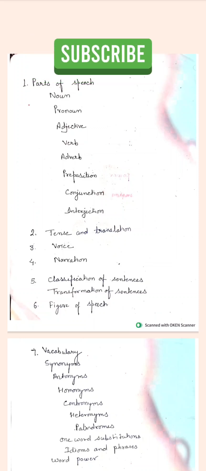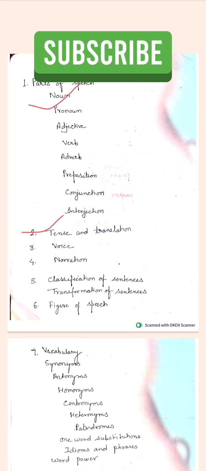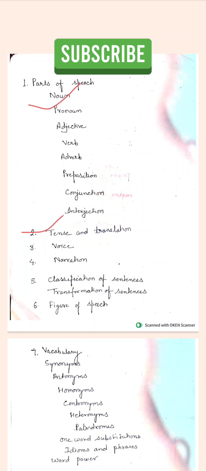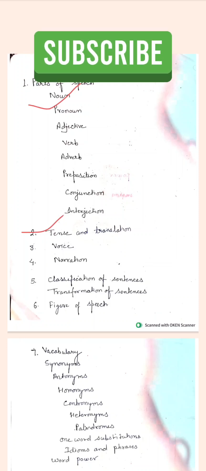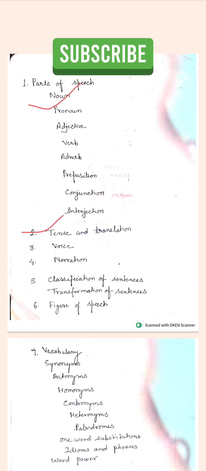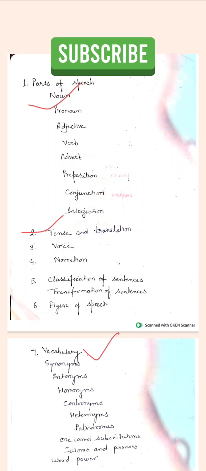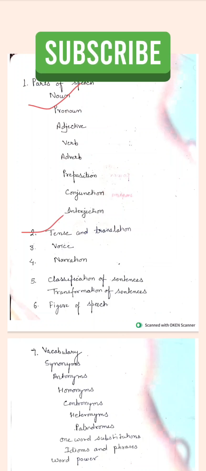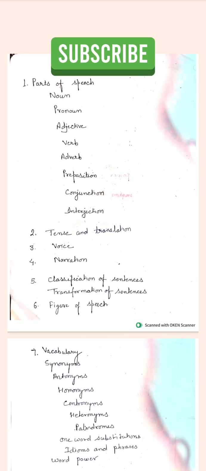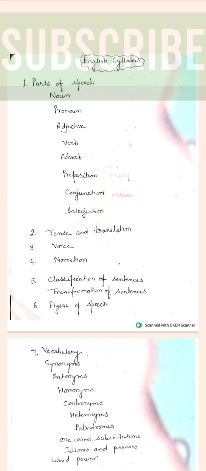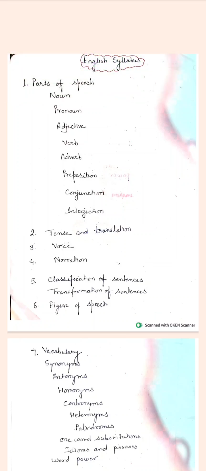Either I start parts of speech or tense and translation, along with these I also teach you vocabulary. Without vocabulary you can't speak English properly, you can't understand English properly, you can't write English properly.